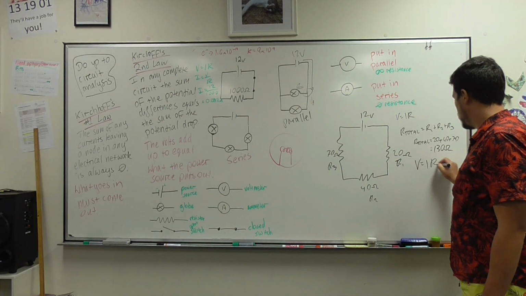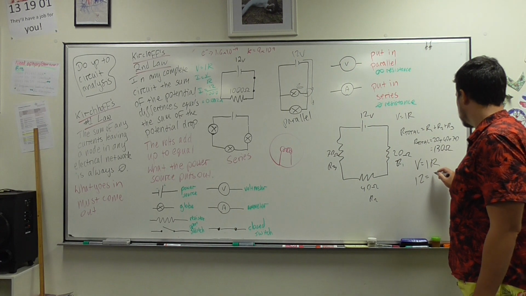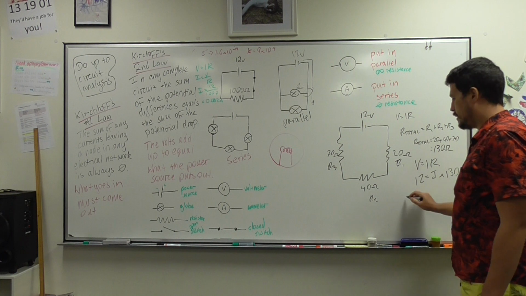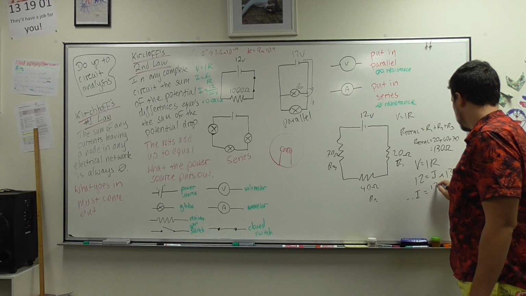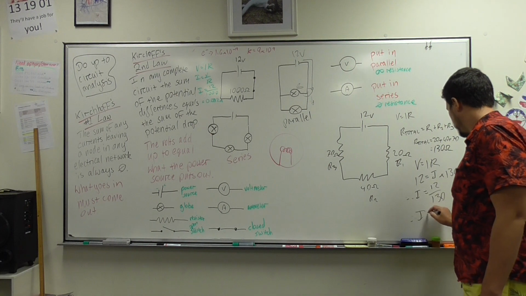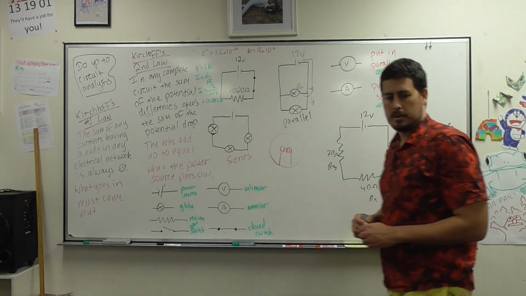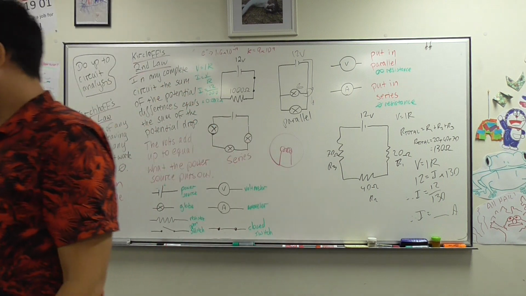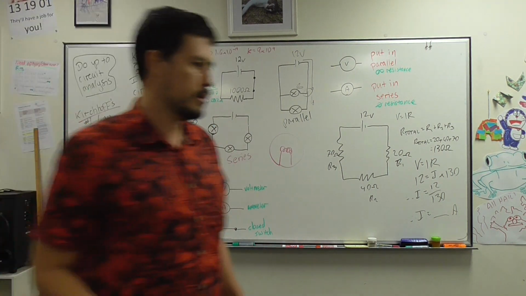V equals IR. 12 equals I times 130. Therefore, I will equal 12 over 130. So we're going to calculate that.